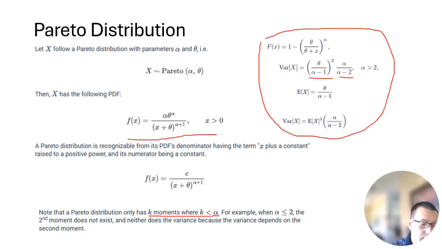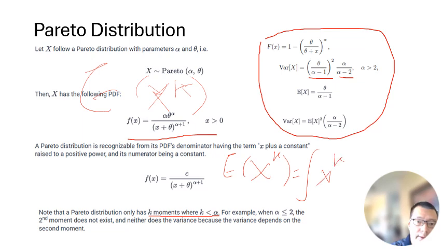E of X to the k is the integral of x to the k times c over (x plus theta) to the alpha plus 1, dx.